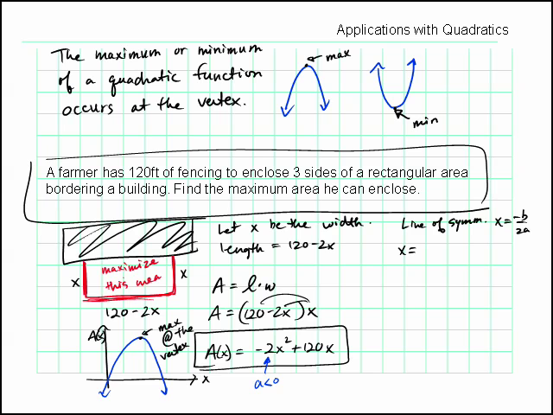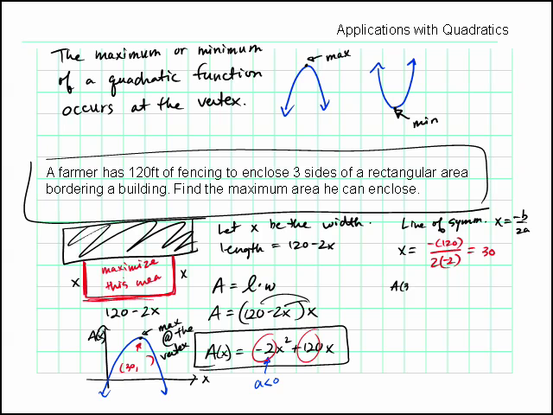And if I plug in b here, which is 120, so we get negative 120, over 2 times a, which is negative 2, and I simplify that, I get x equals 30. And that's the first part of the vertex, actually. This point right here is 30 comma something. To get the second part of the vertex, I plug x equals 30 into the function.